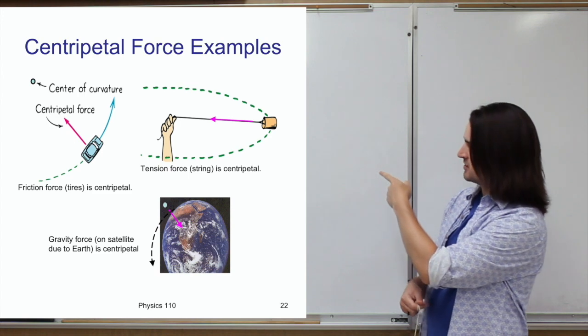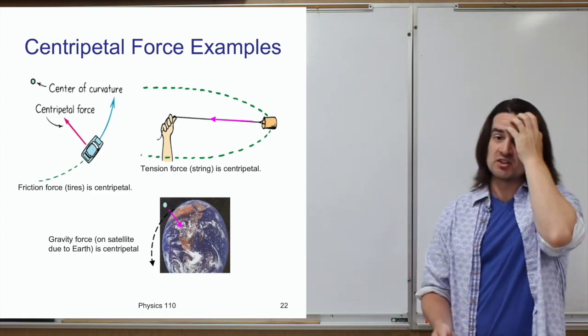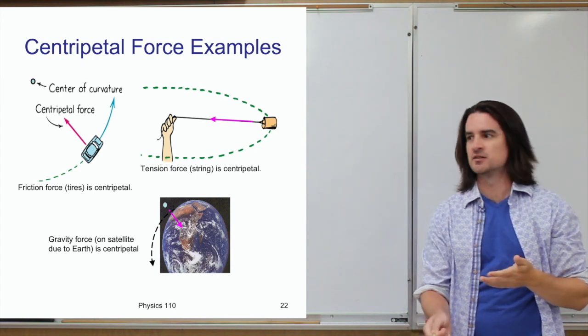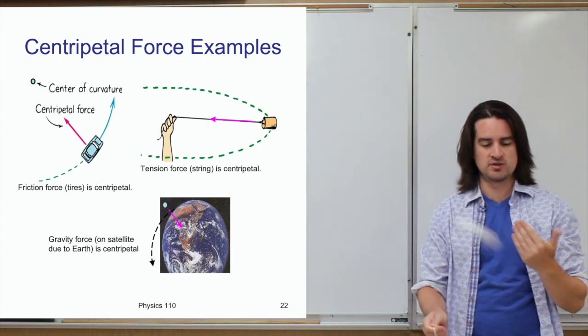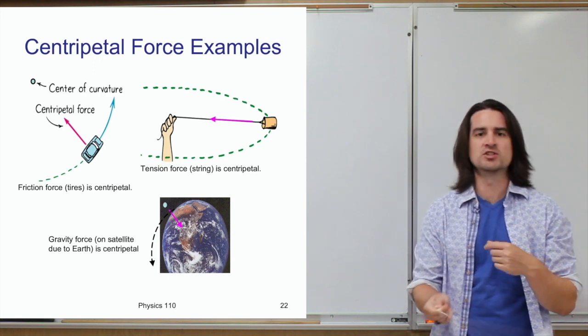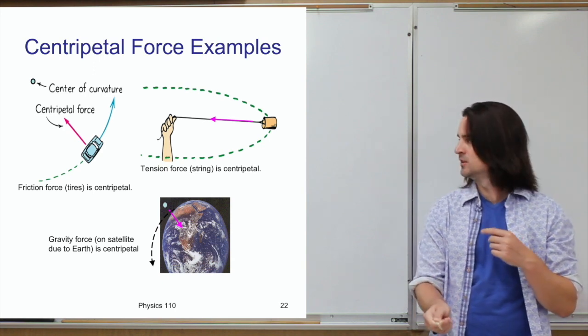The last slide we just looked at is if you have an object at the end of a string and you just twirl it around, then the string is what's playing the role of the centripetal force, or the tension specifically in the string, is pulling on the object, and it's always pulling towards the center of that circle, right?